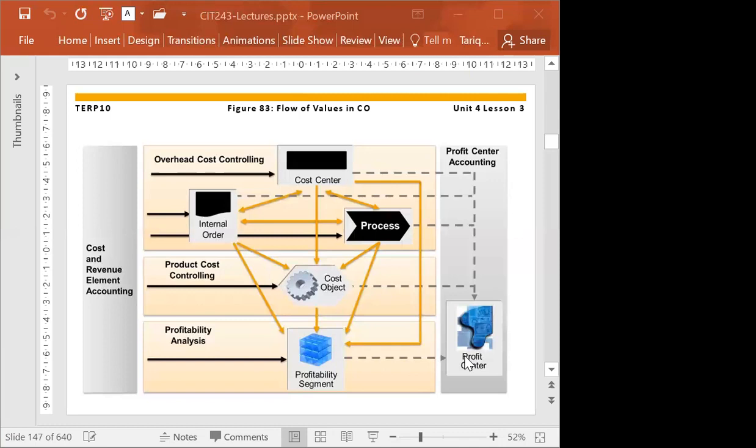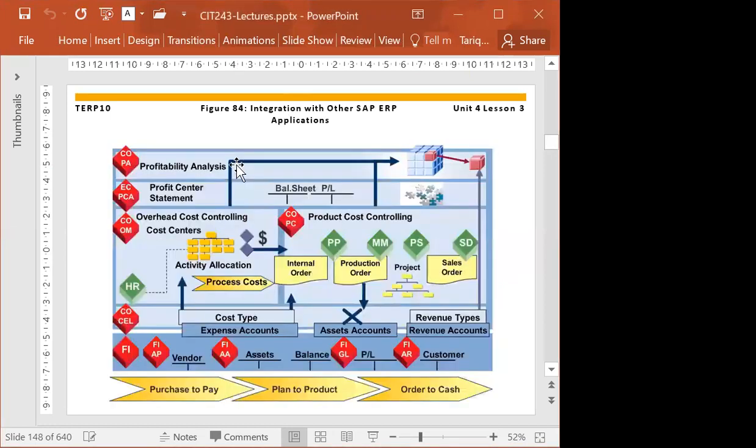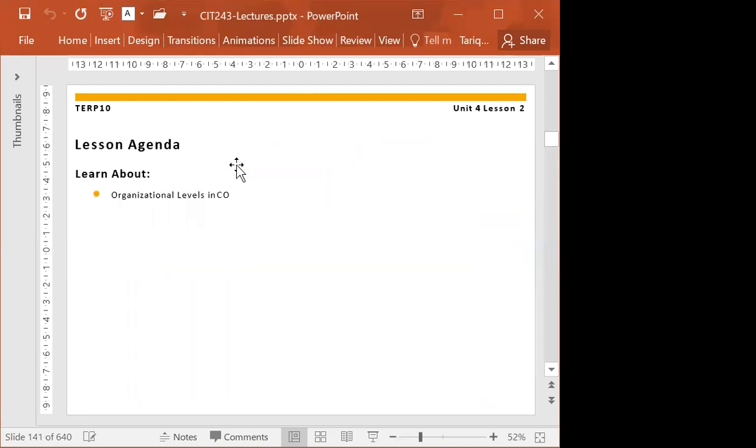Now, we have two main areas in the controlling. One is product cost controlling and the other one is overhead cost controlling. Let me take you back to the previous slide.